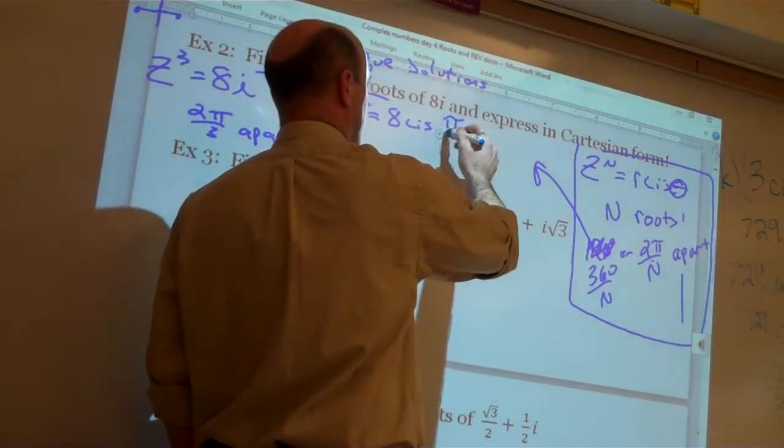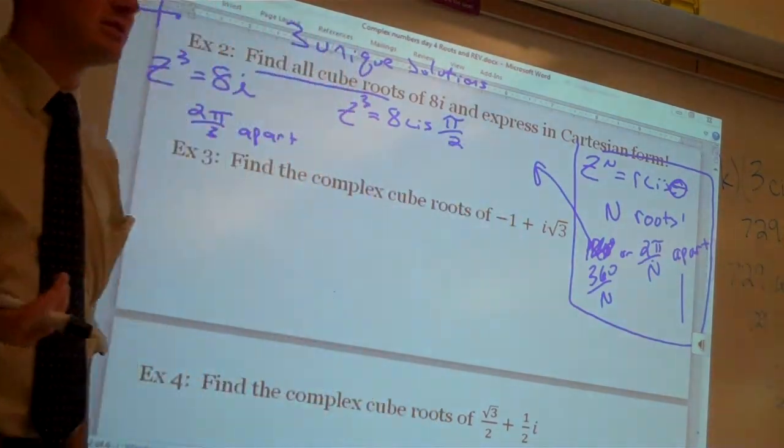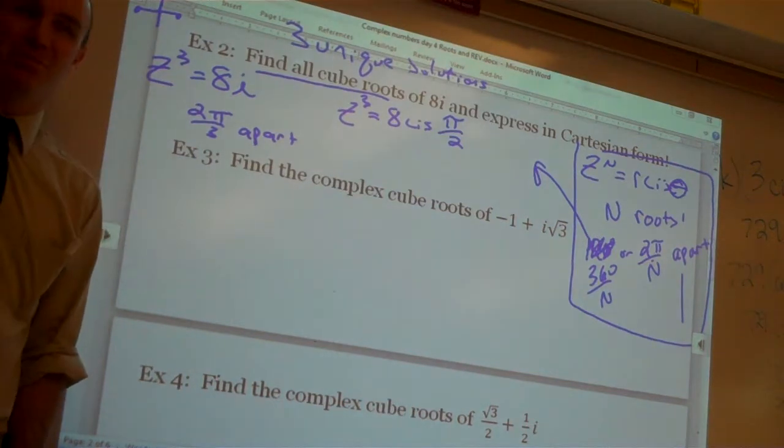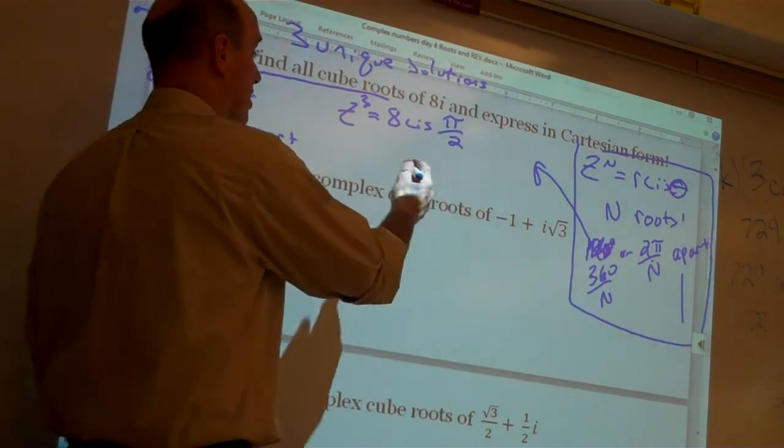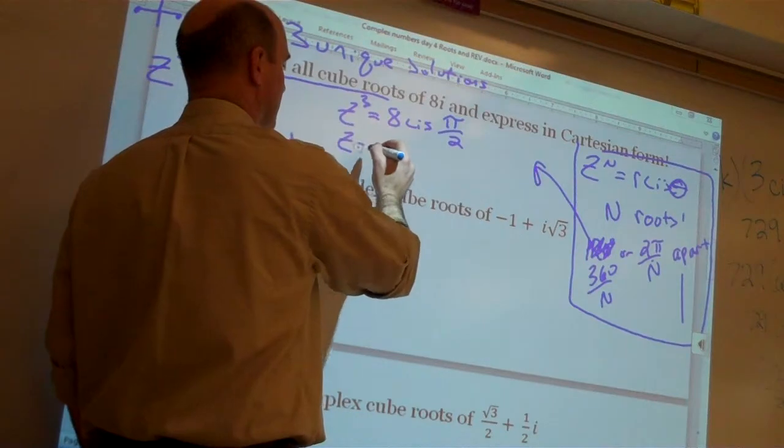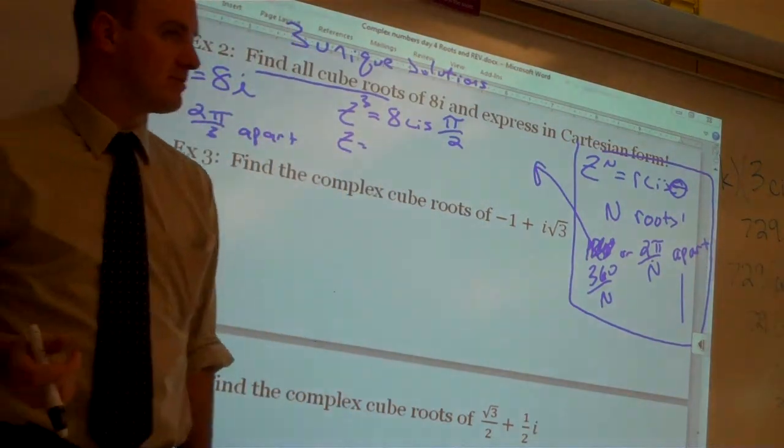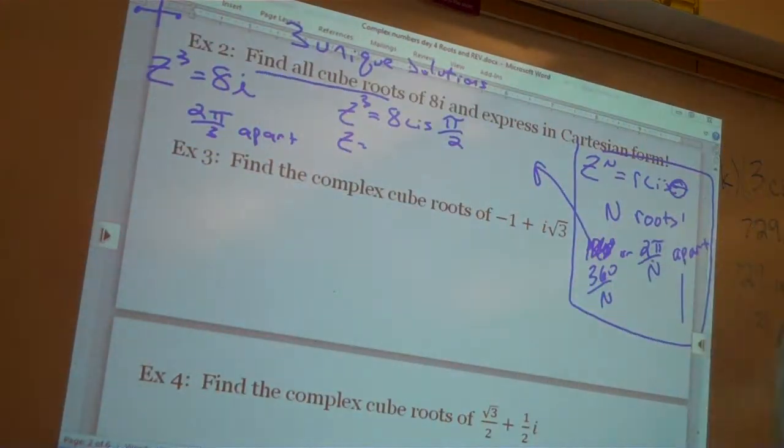There you go. And then we just apply De Moivre's theorem for our first answer. Take the cube root, and you can see that the radius is going to be 2. What's the argument going to be? Pi over 6.